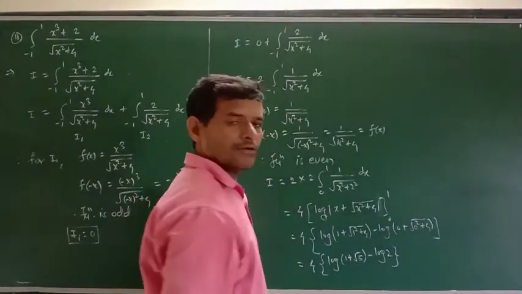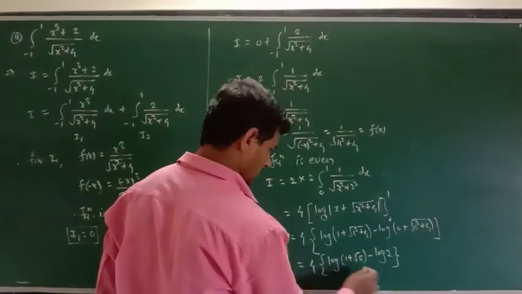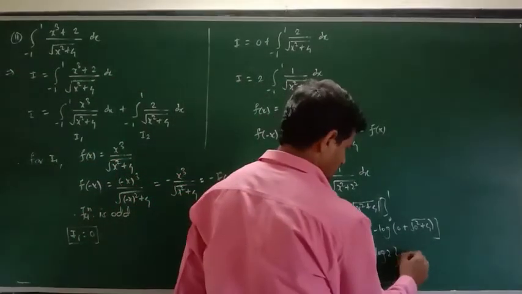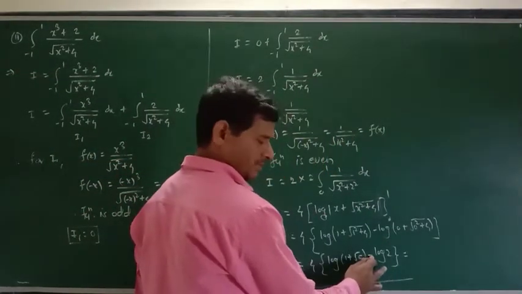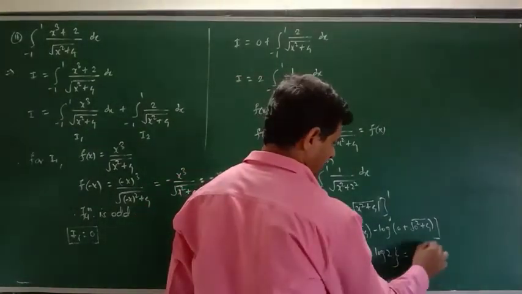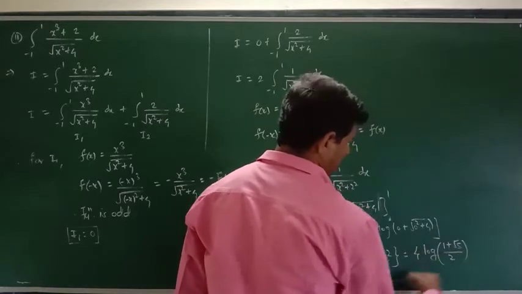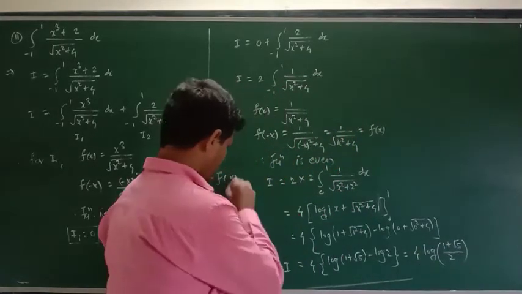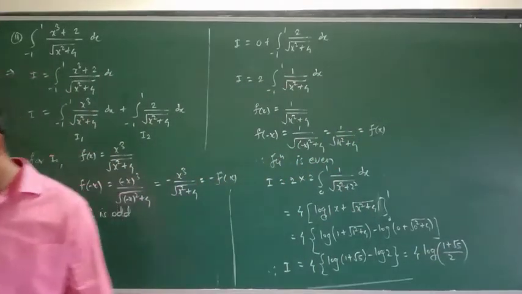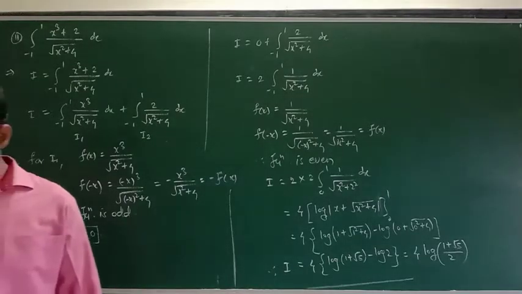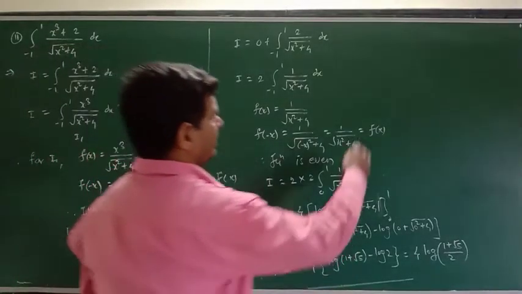Okay, the square root of 4 is 2, log 2. These two logarithms have first positive, second negative, so write it in simplified form as log of (1 plus root 5) upon 2. This is the value of this definite integral. Okay, example 11: 4 times log of (1 plus root 5) upon 2. This is the final value of the definite integration.